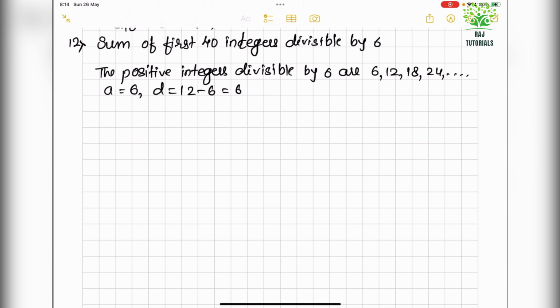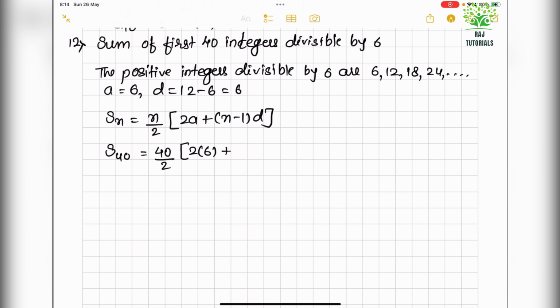So now he has asked me the sum. So Sn equals n by 2 into 2a plus n minus 1 into d. Here n is 40. So S40 equals 40 by 2 into 2 into 6 plus 40 minus 1 into 6.